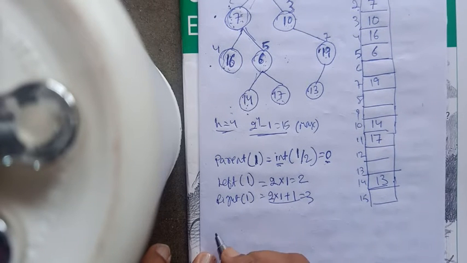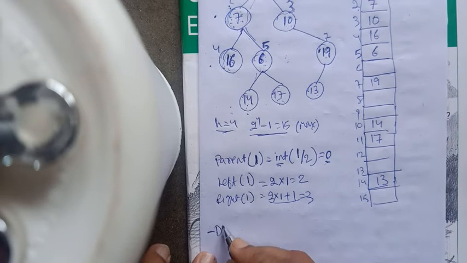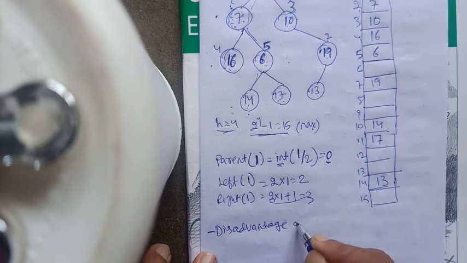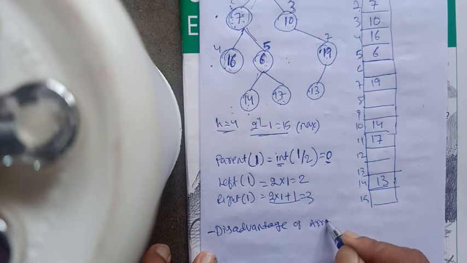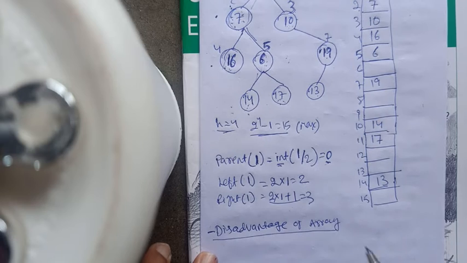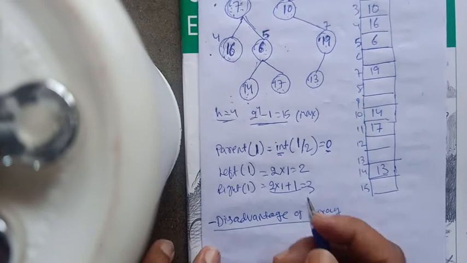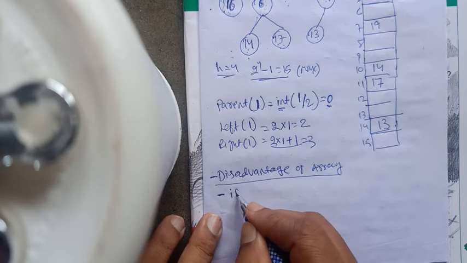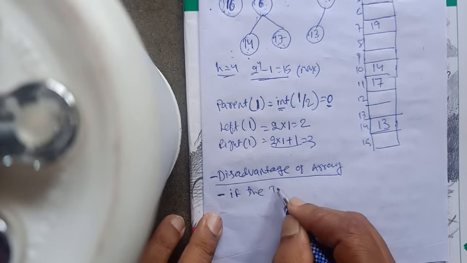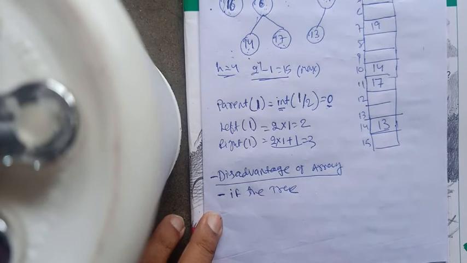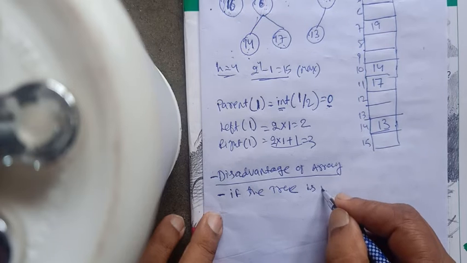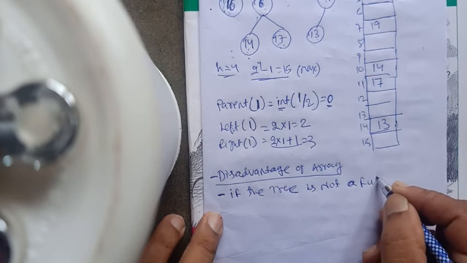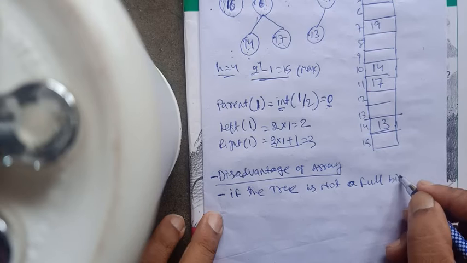the major disadvantage of array representation: see, if the tree is not a full binary tree.